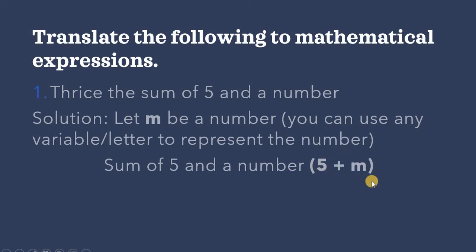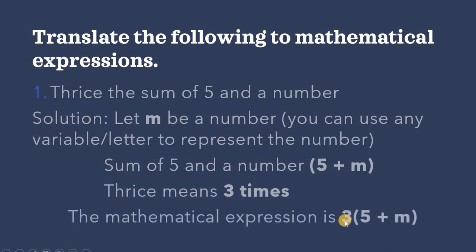5 plus M. So, why did I put parentheses here? Because we still have the word thrice, which means 3 times. When we translate this mathematical phrase to an expression, we will have 3 times the quantity of 5 plus M. We cannot directly write 3 times 5 plus M. That is a different thing.